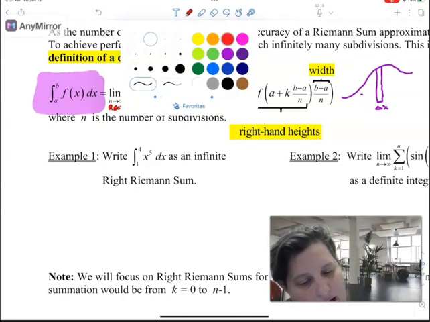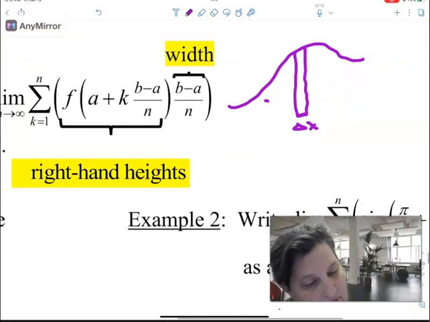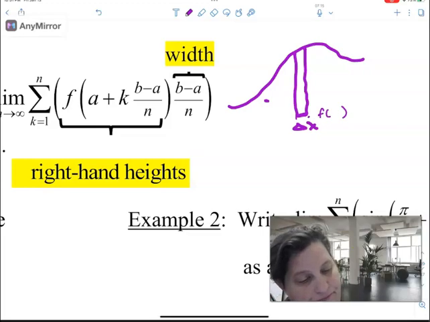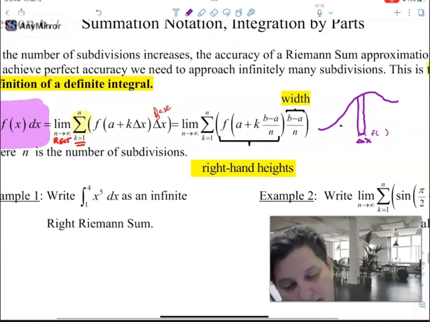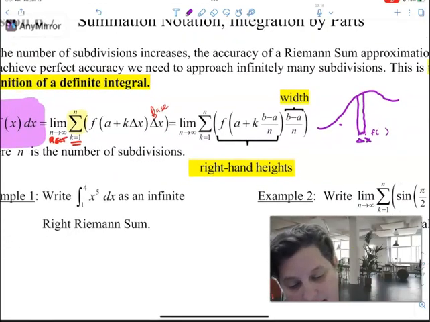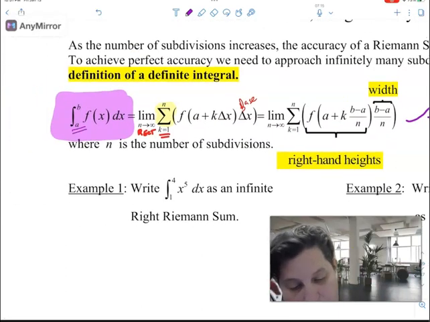So what's the height of this little rectangle I drew over here if this is delta x, and if I started at 1 or whatever? Well, it's f of whatever this point is right there. Now, where are we starting at?